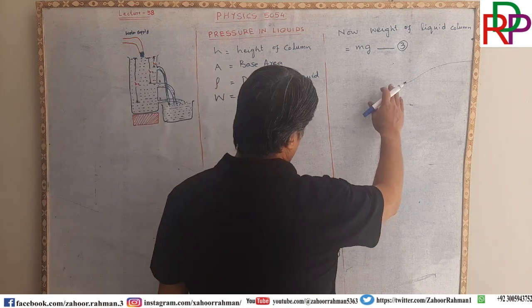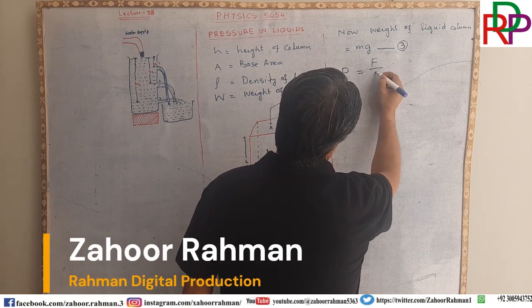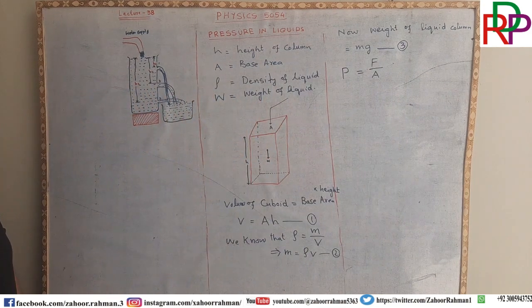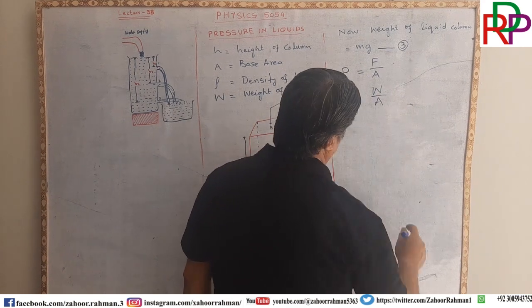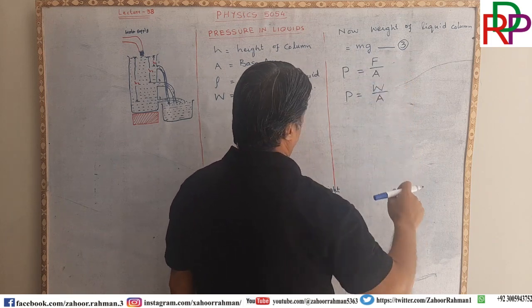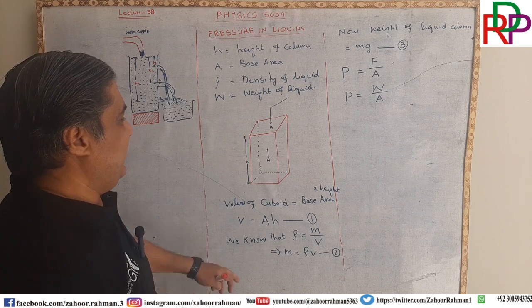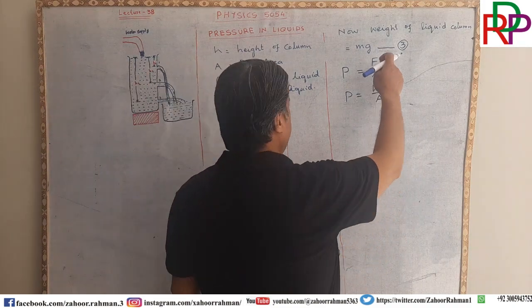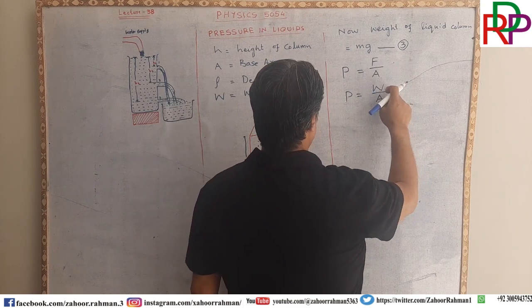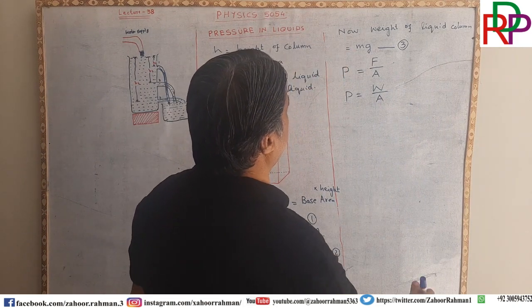Because we are finding the pressure, pressure is equal to force per unit area, and we know this from the previous lecture. Instead of F, we can write W as well, because weight is also a force with which the earth attracts a body towards its center. And here also we have weight at a certain depth. So we can replace F by W, and you know that W is equal to mg.